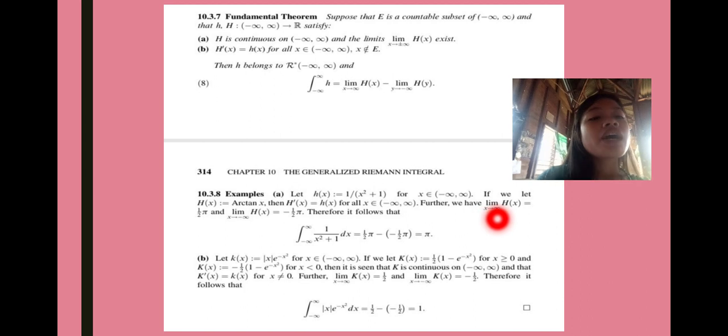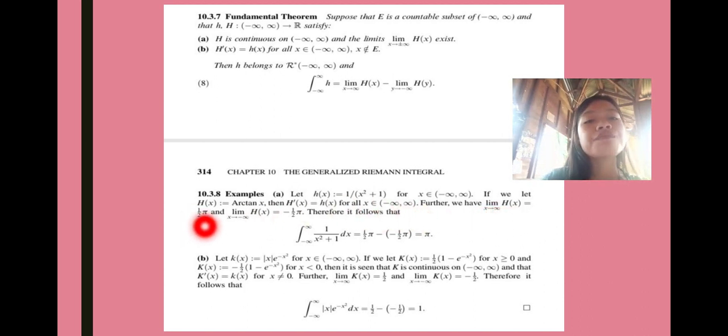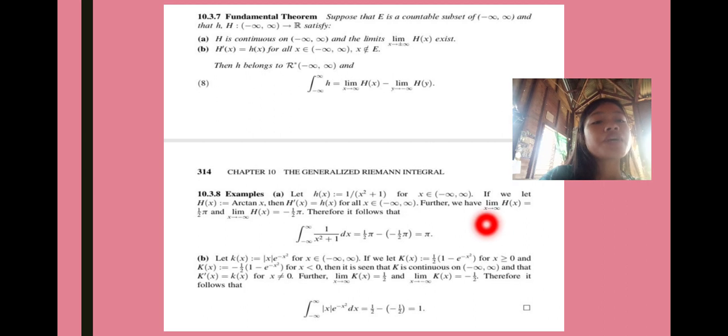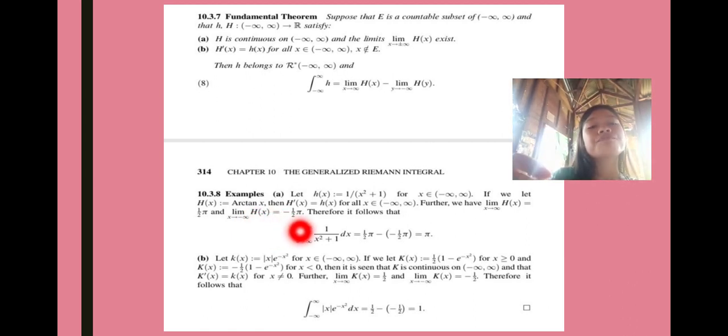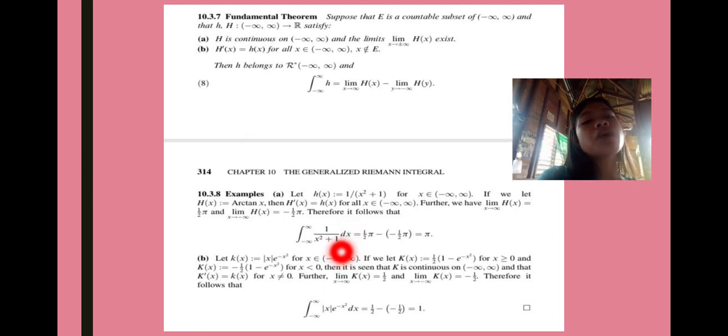Further, we have the limit of H of x equal to 1/2 of pi as x approaches positive infinity, and the limit of H of x equal to negative 1/2 of pi as x approaches negative infinity. Therefore, it follows that the integral from negative infinity to positive infinity of 1 over x squared plus 1 dx is equal to 1 over 2 pi minus negative 1 over 2 pi, equal to pi.